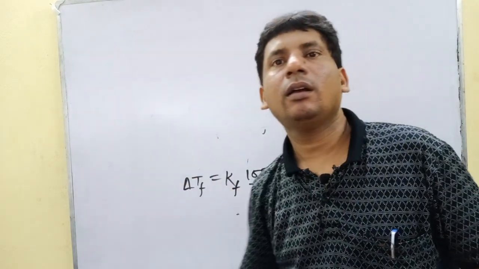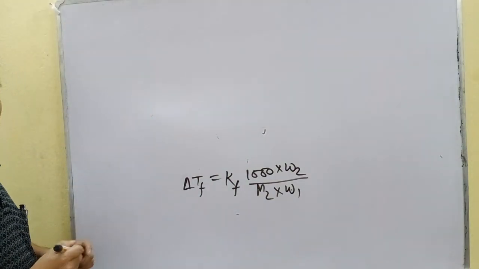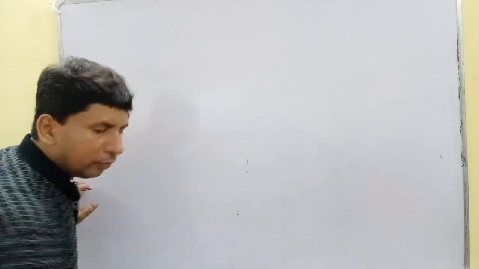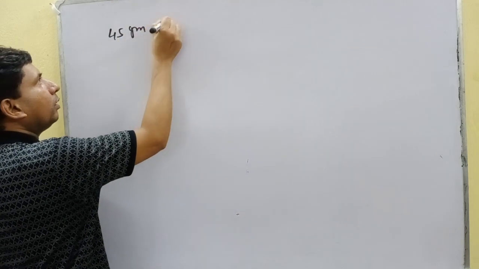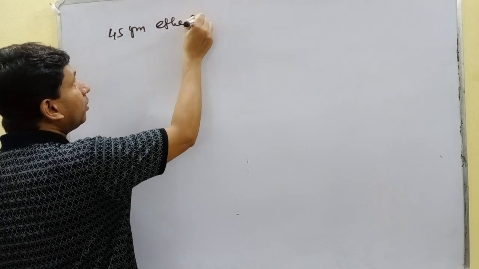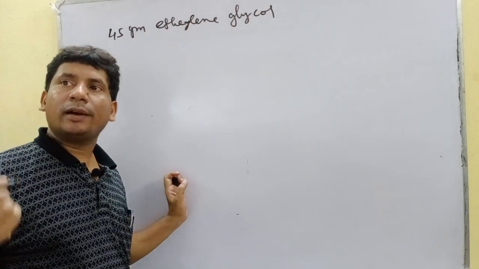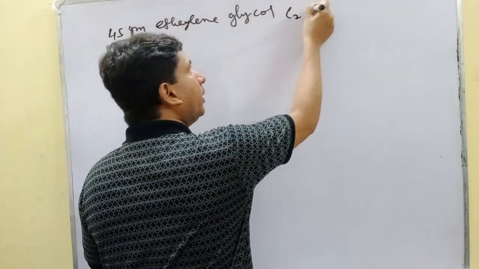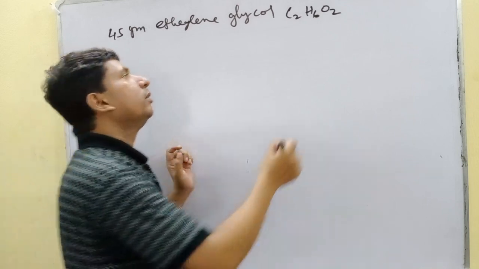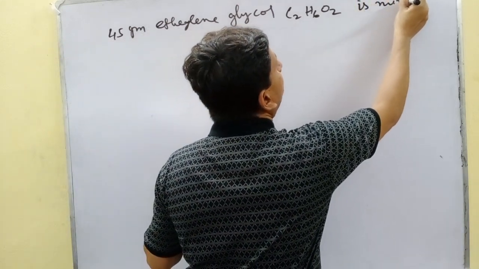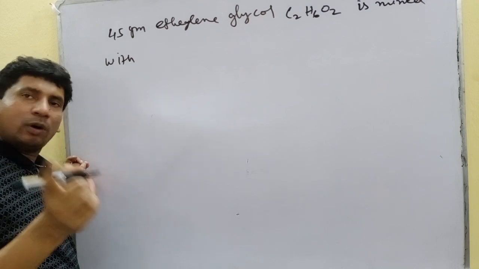from NCERT. Let 45 gram of ethylene glycol, you may write down 45 gram ethylene glycol, that means C2H6O2, is mixed with 600 gram of water.